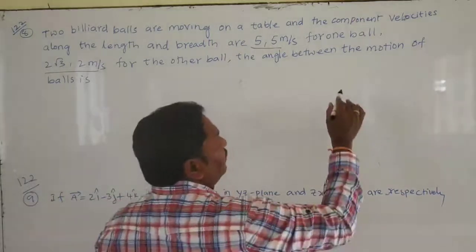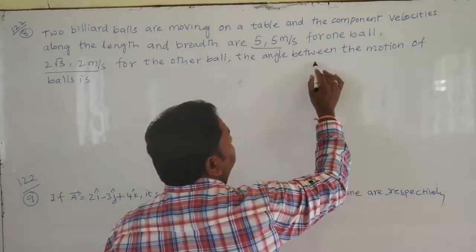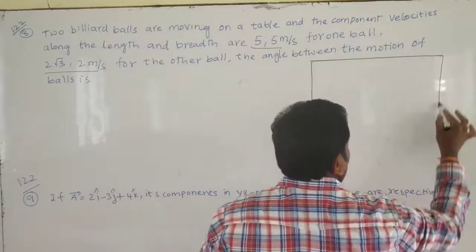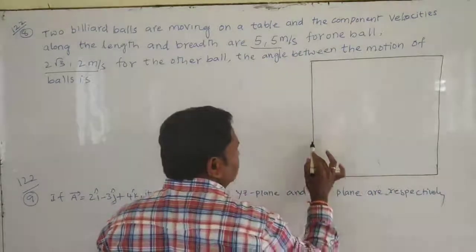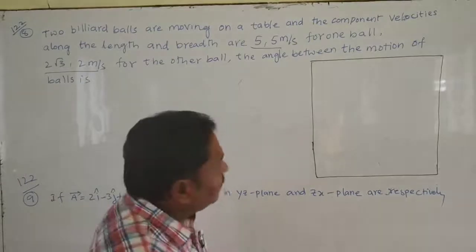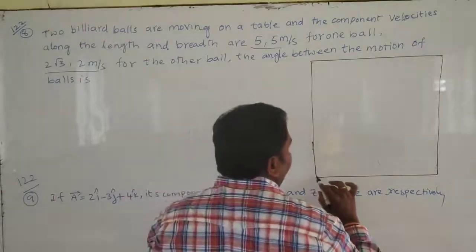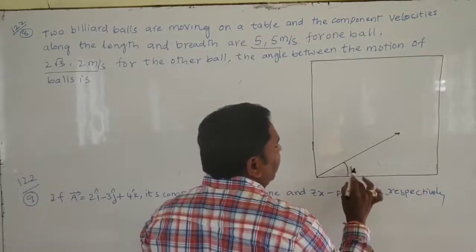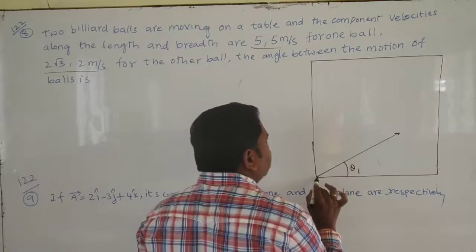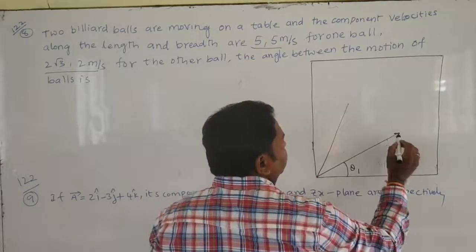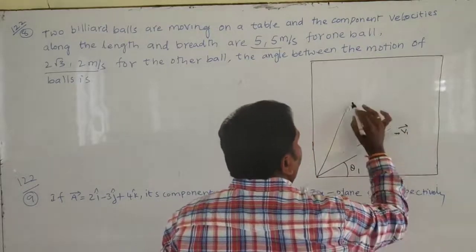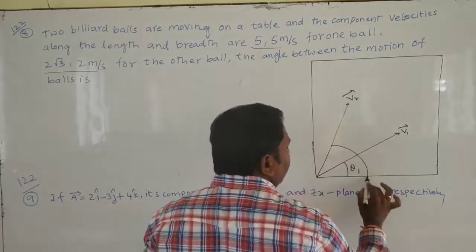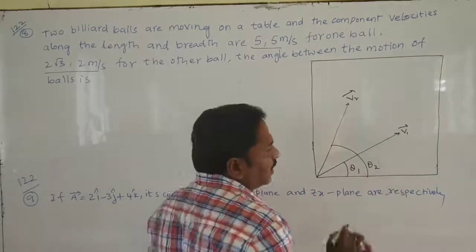See, this is the billiard game. So the table is like this. On this table, the first velocity is V1 bar, which makes an angle theta 1, and the second one is V2 bar, which makes an angle theta 2.